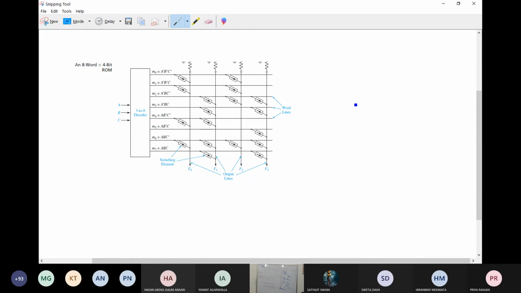Now can you see the screen? Everyone? Yes, ma'am, now visible. Now you can check also. Please try to analyze them against the same truth table that I am showing on the board and the connections there, and you can see the switches.